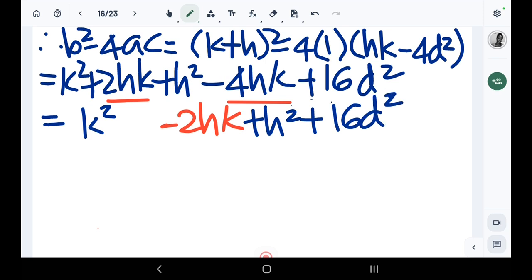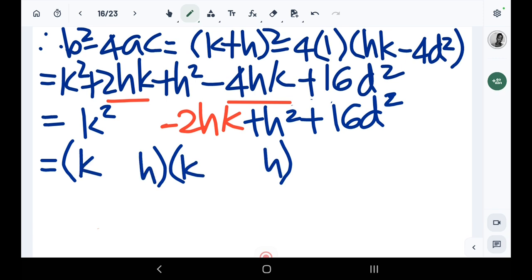And that is equal to, now if you notice this, K squared minus 2HK plus H squared is actually a square of a binomial, K and K, H and H, minus and minus. K minus H times K minus H will give us this.